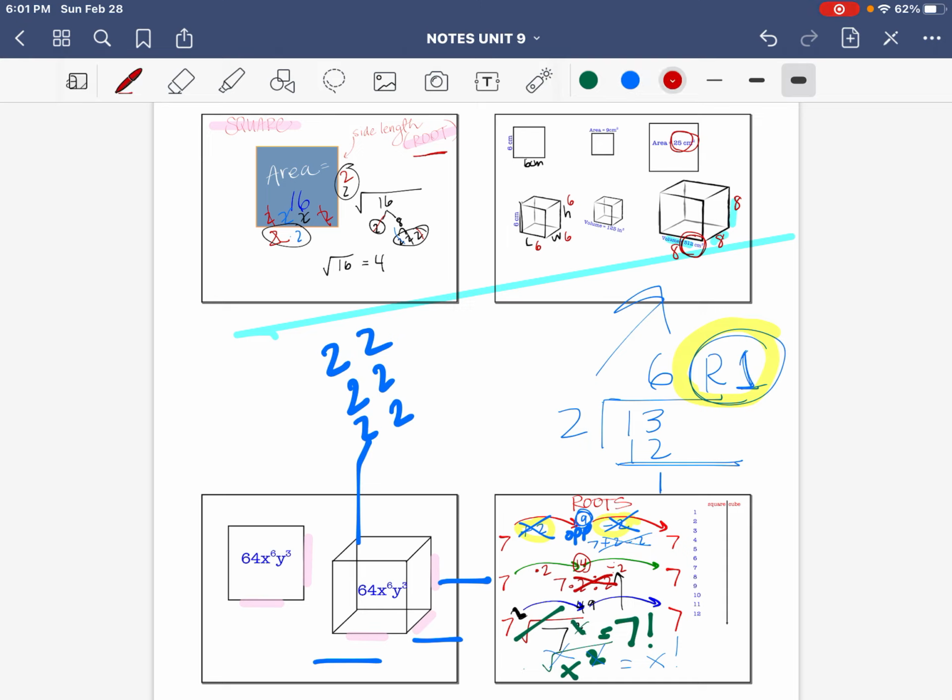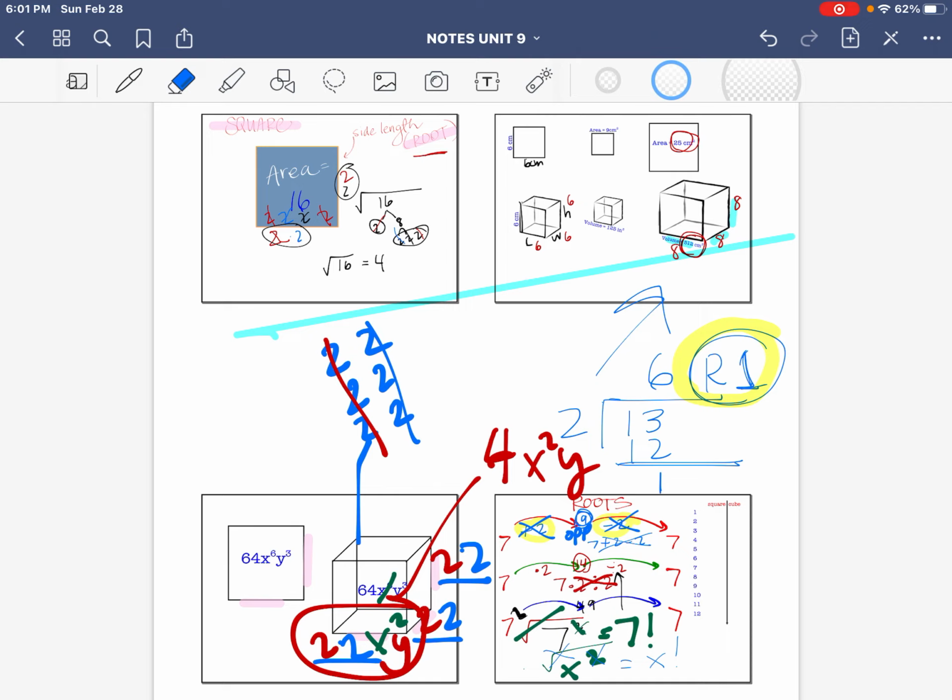If I'm going to split these evenly between the sides, each side would get a 2, and each side would get another 2. So 2 times 2 so far. And I have 6 x's, so each side would get 2 x's, and I have 3 y's, so each side would get one of those. So my final answer for this one would be 4x squared y.